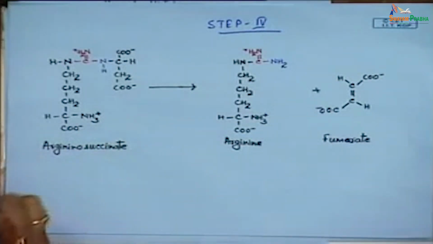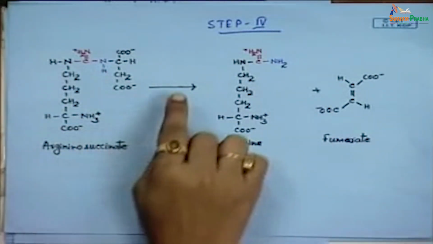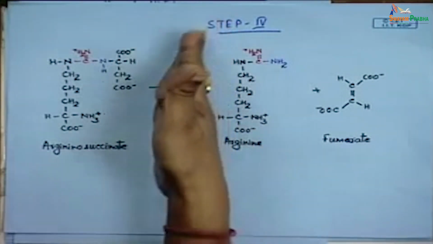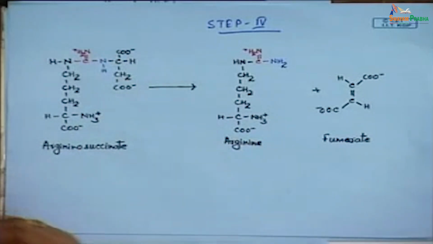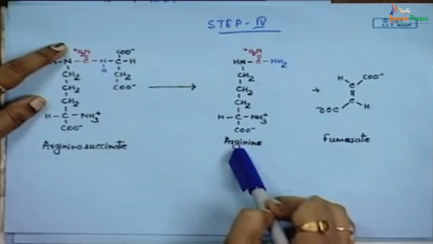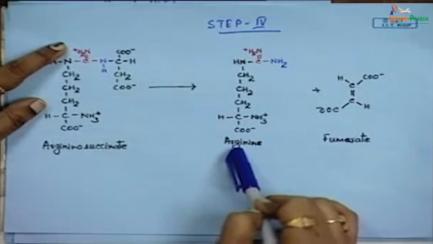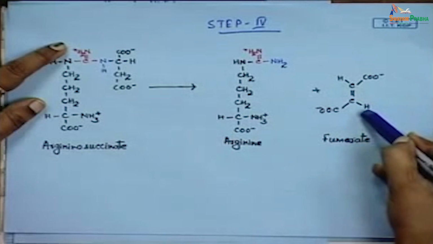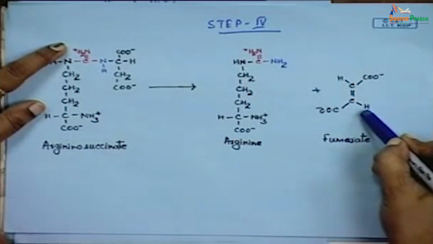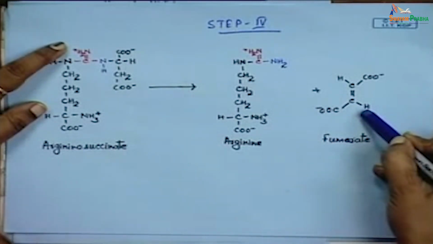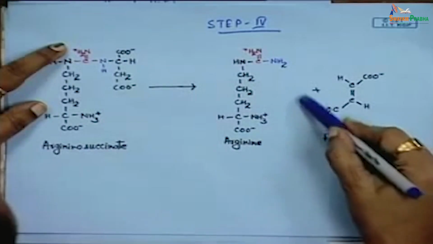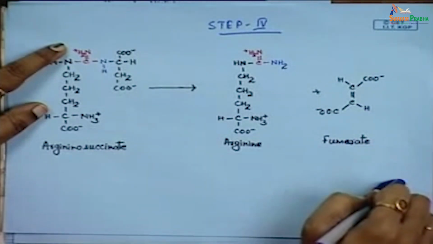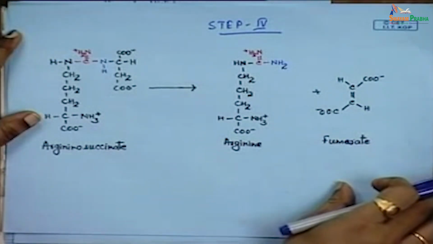This arginosuccinate, in the presence of the lyase enzyme, arginosuccinate lyase, breaks this bonding, and you see here this arginine, it is one amino acid, arginine. See here these amine groups are getting separated, and fumarate, which is one of the intermediates of the TCA cycle, is being released, and this fumarate can enter the TCA cycle for subsequent utilization.